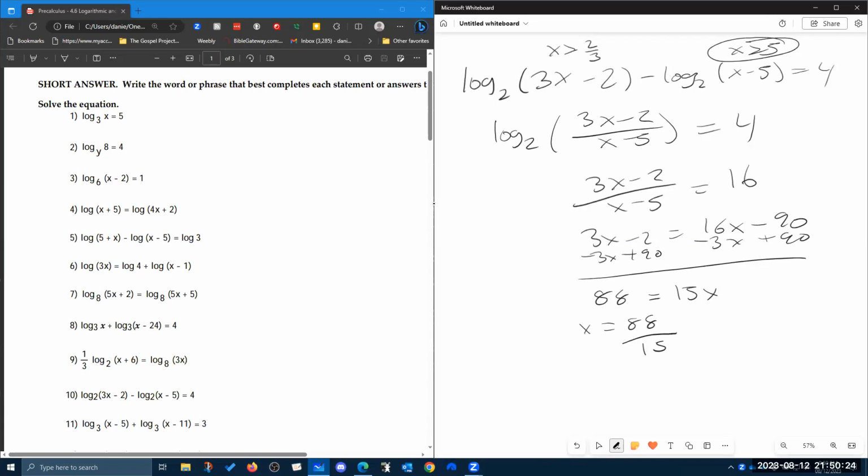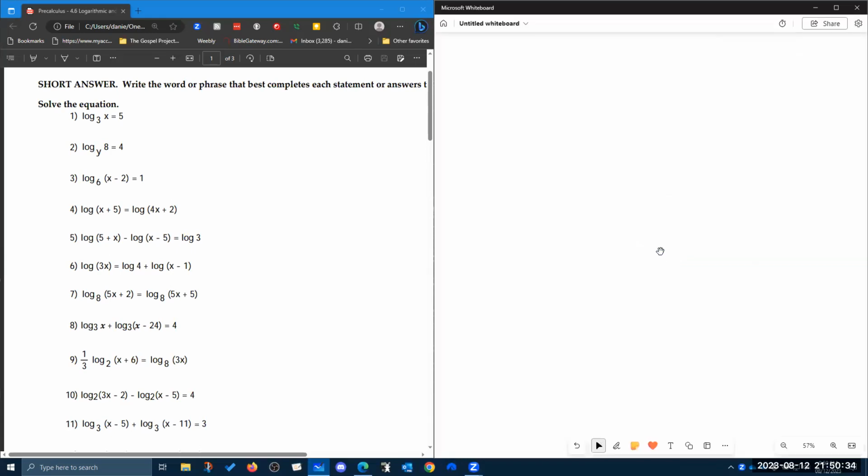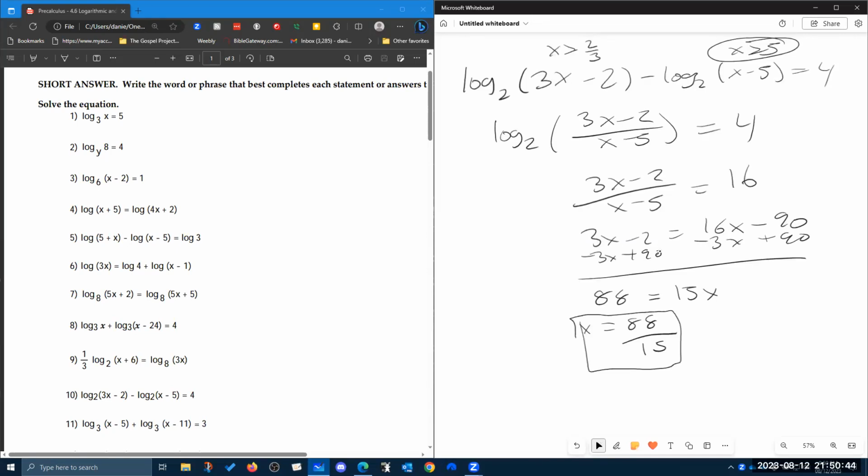And I don't see any common factors, so I believe I'm done. I need to go back and make sure that that's within my domain. 88 over 15, that is 6 and 8/15. Yes, that's bigger than 5.